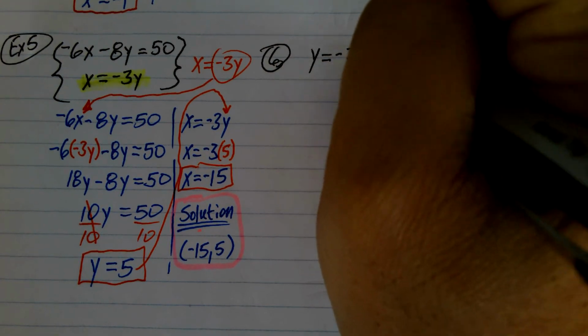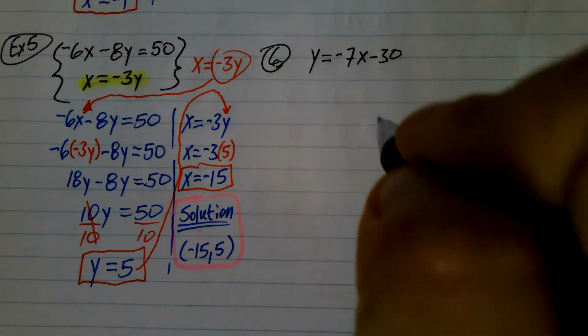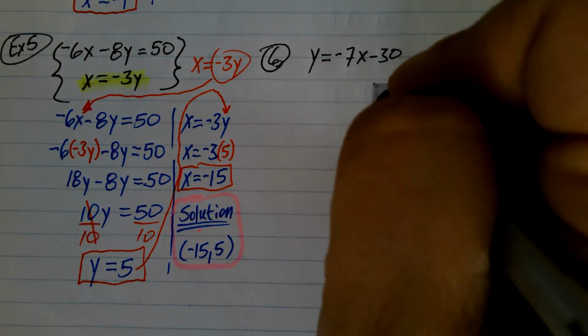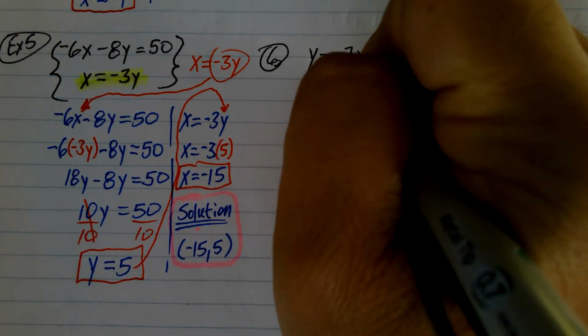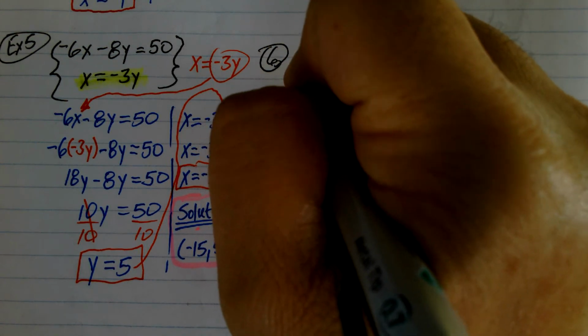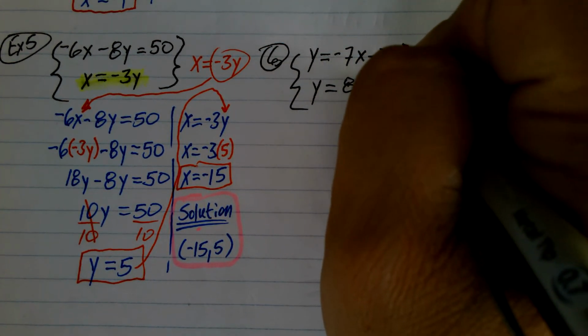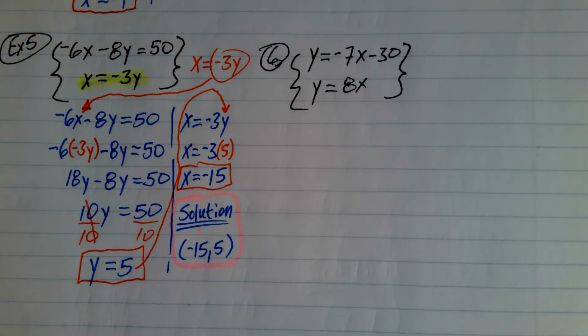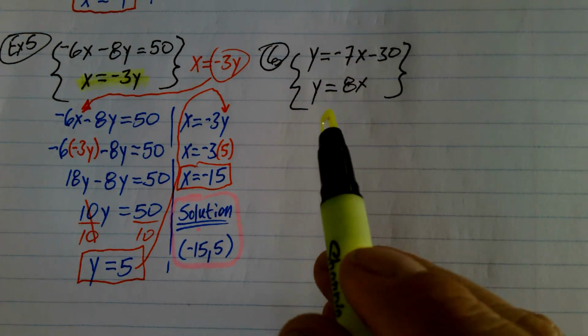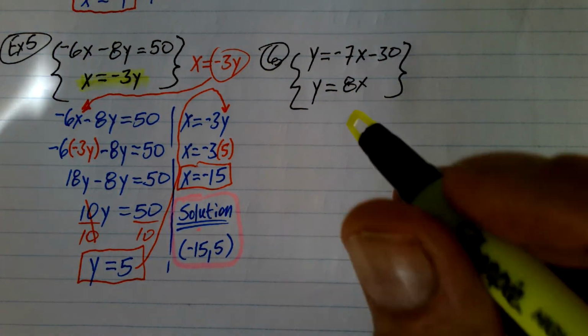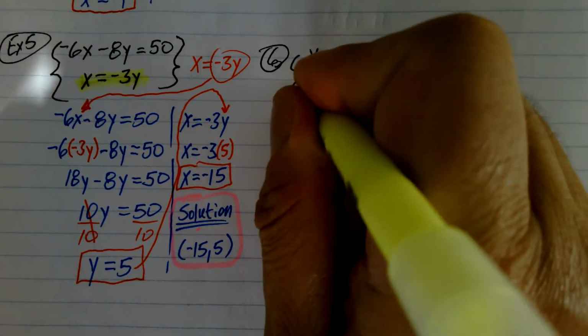Okay. So it's y equals negative 7x minus 30. Y equals negative 7x, take away 30. And then y equals 8x. This is our system. Okay.